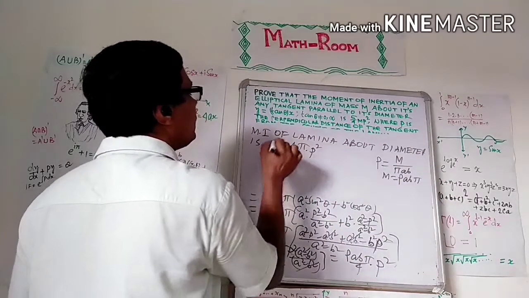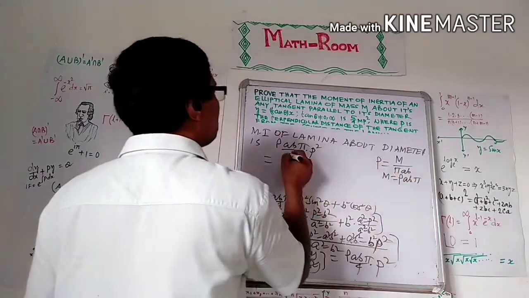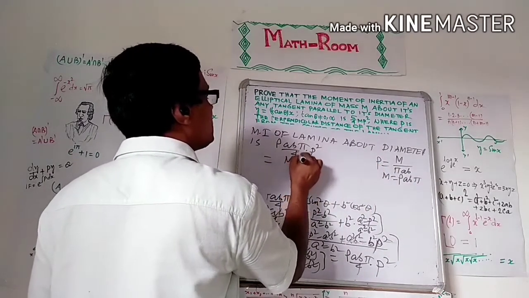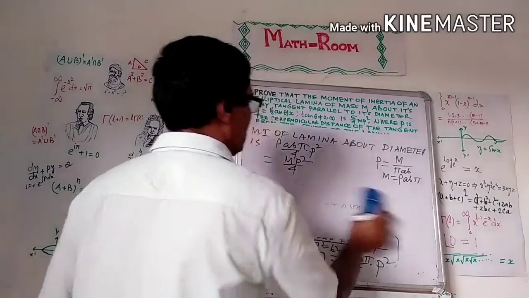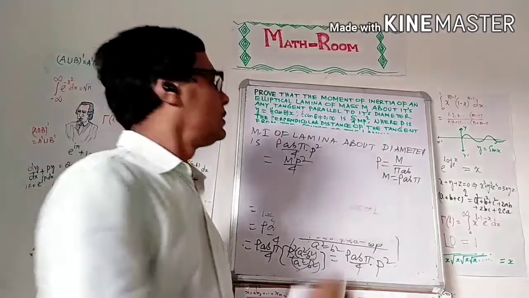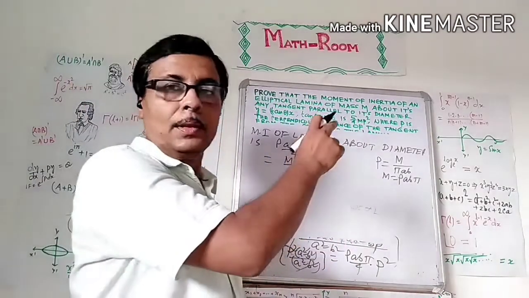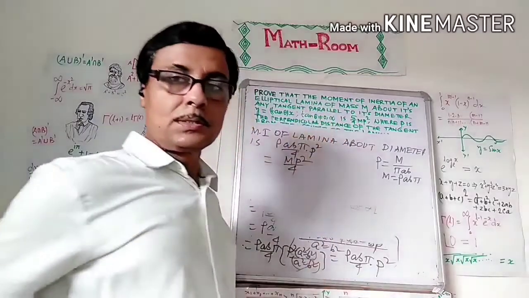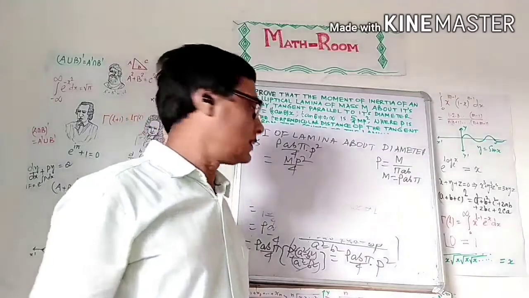So we can put rho ab pi as m, that is m p square over 4. This is the moment of inertia of the entire lamina about its diameter, whose equation is given as y equal to x tan theta.